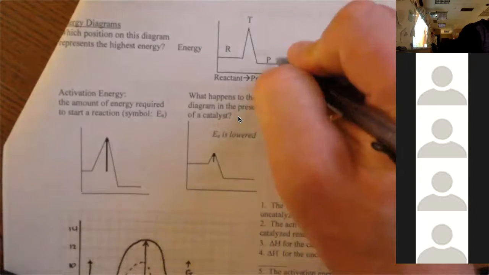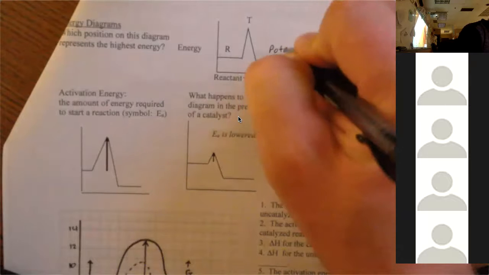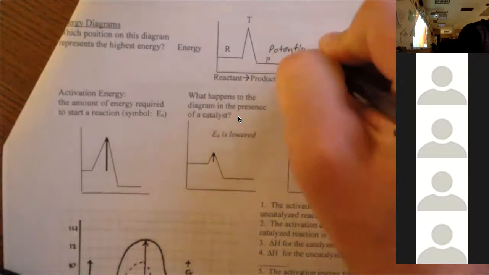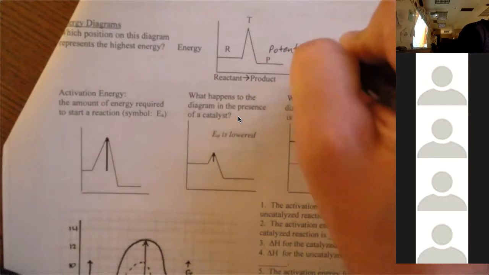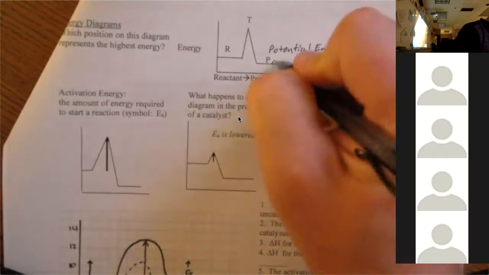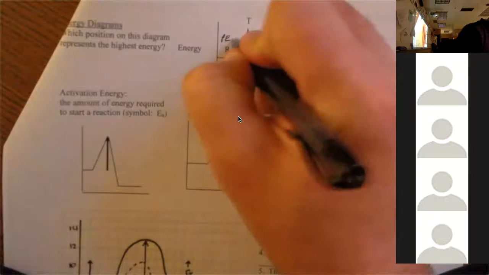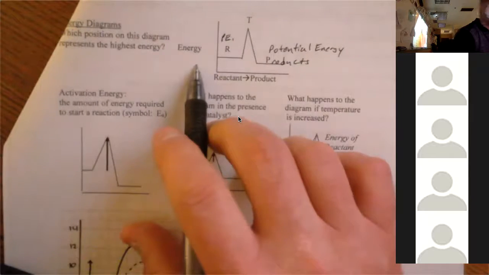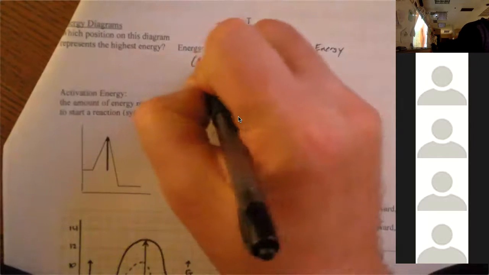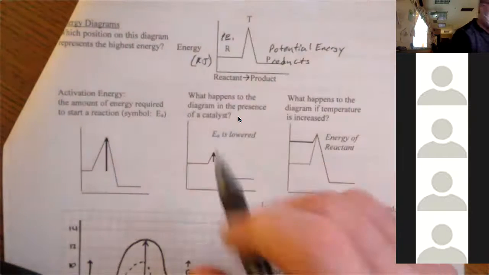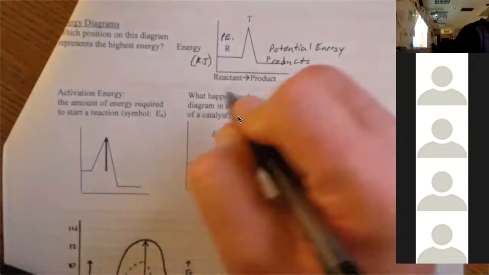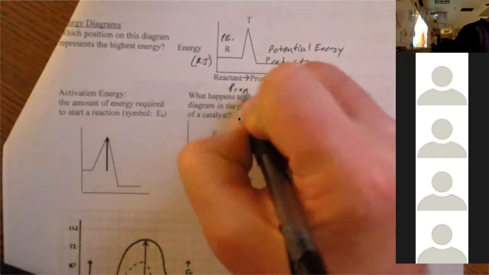Now, this is the potential energy of the products, and this is the potential energy of the reactants. So this is energy that's normally in kilojoules. This is the progress of the reaction.